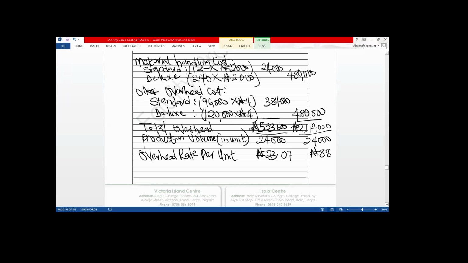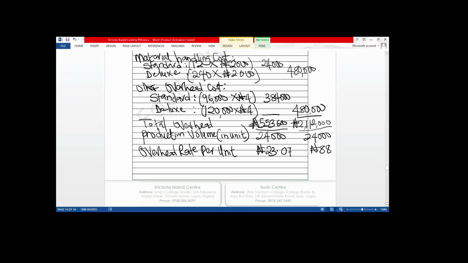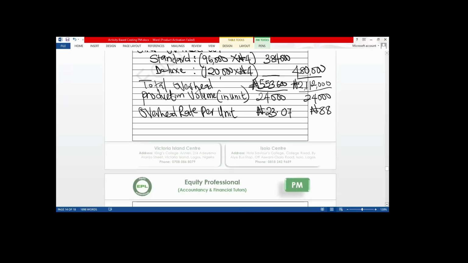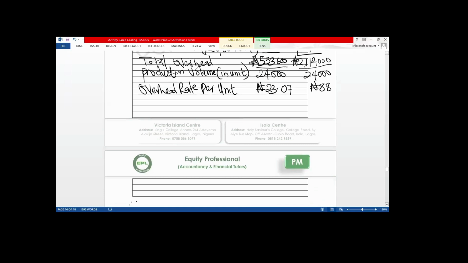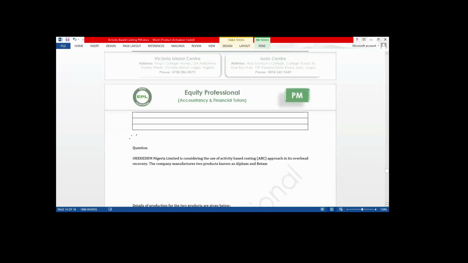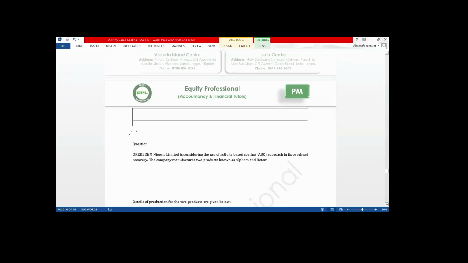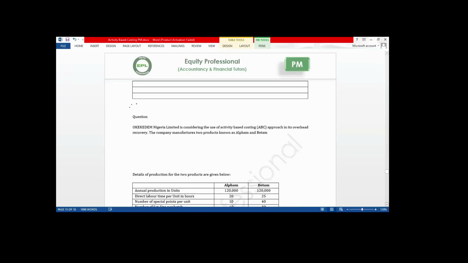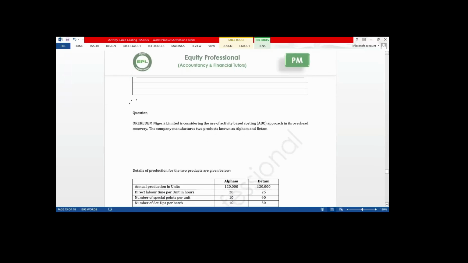Now, the last direct question is not in your study pack. Look at it, please. Of course, we cannot solve it within 30 minutes, but I will read it to appreciate what the examiner did.